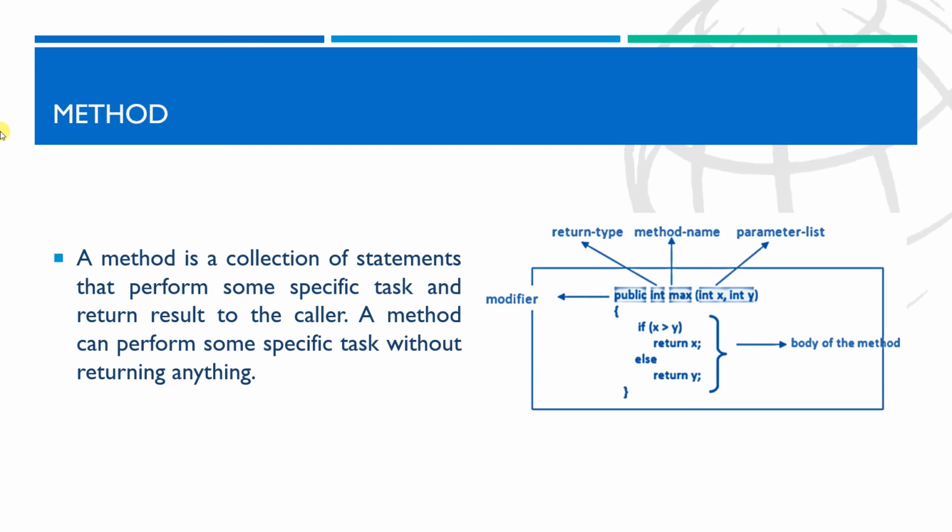The next component is the parameter list. Comma separated lists of the input parameters are defined, preceded with their data type, within the enclosing parentheses. If there are no parameters, you must use empty parentheses.